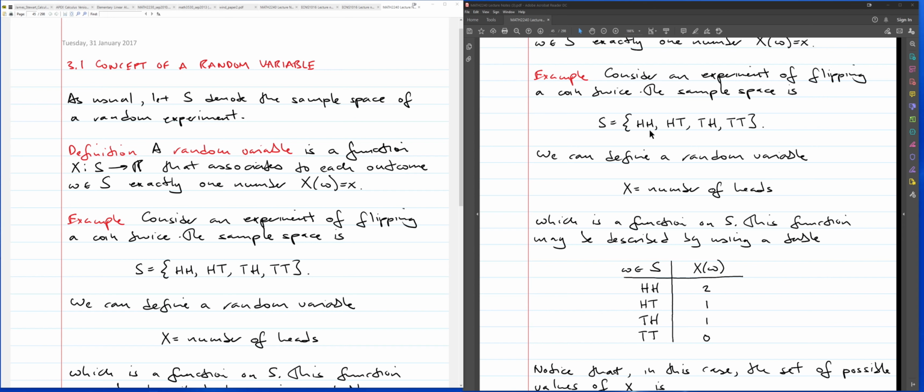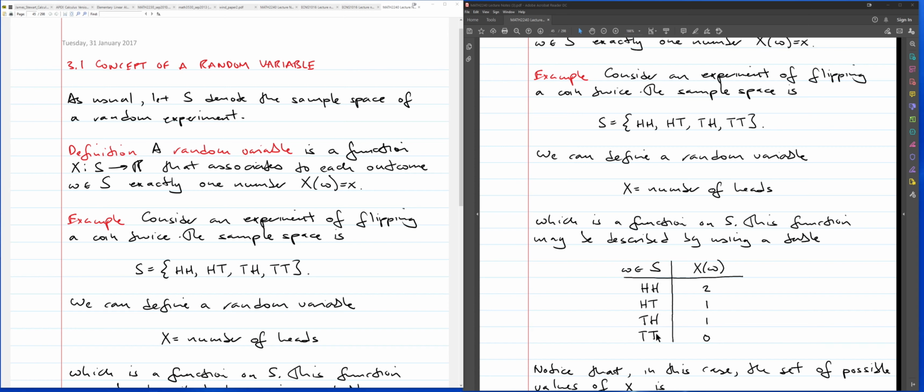What you want to notice is that for each possible outcome in your sample space, this random variable assigns a unique number to it. You can describe that assignment using this table: for the outcome head head, you get a value of 2; for outcome head tail, you get a value of 1, and so on.